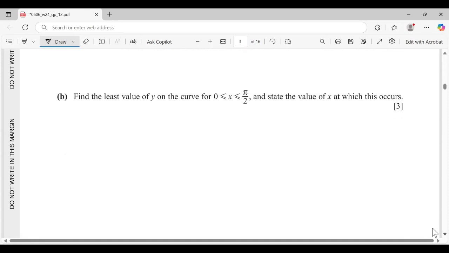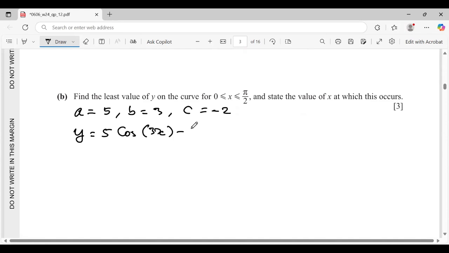Find the least value of y on the curve for x in the interval 0 to pi over 2, and state the value of x at which this occurs. If a equals 5, b equals 3, c equals minus 2, the function becomes y equals 5 cosine 3x minus 2.